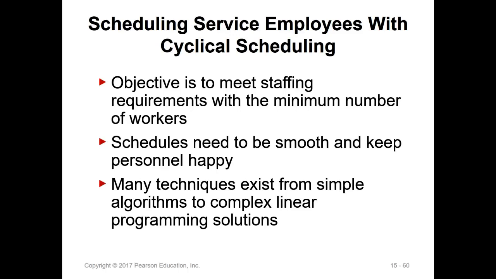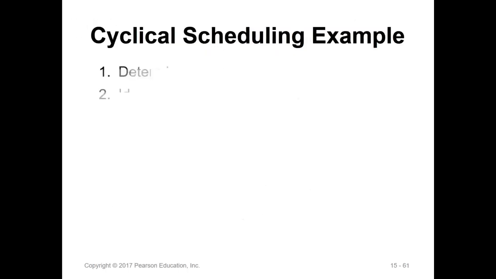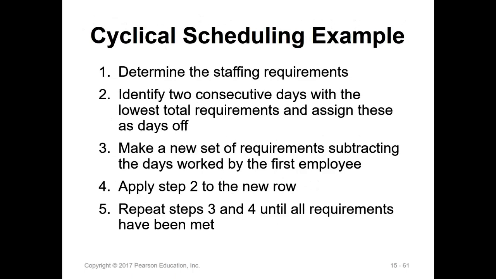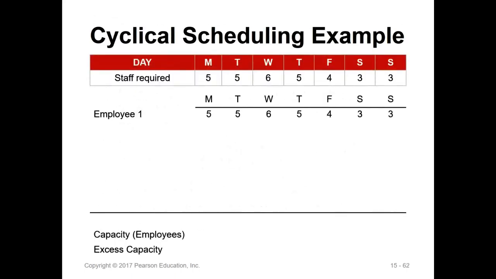Everybody works 40 hours a week, 8 hours a day, and that means each week they have 2 days of rest. So look at this example. The staff requirement for a clinic is given for Monday, Tuesday, Wednesday, Thursday, Friday, Saturday, and Sunday.